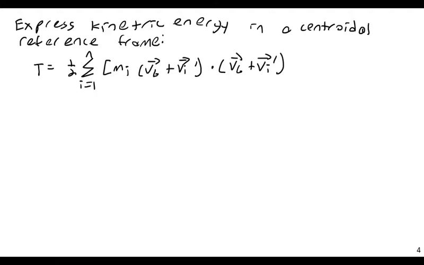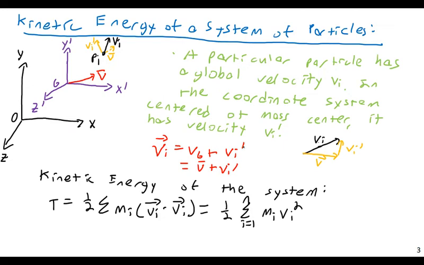Where this came from is I took the equation here and replaced the Vi vector with Vg plus Vi prime. Oh, and these should actually have a vector sign on them. Sorry about that. And same with this and this.